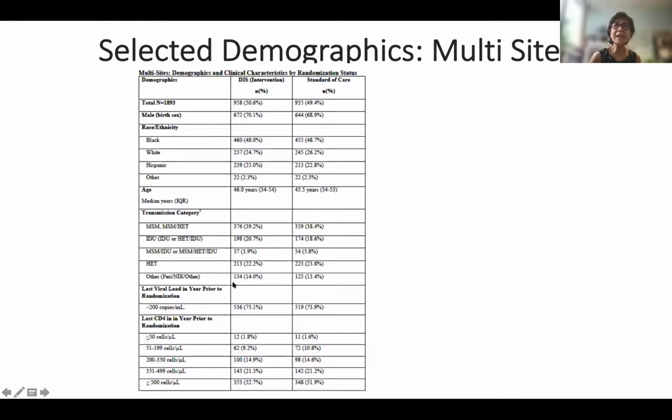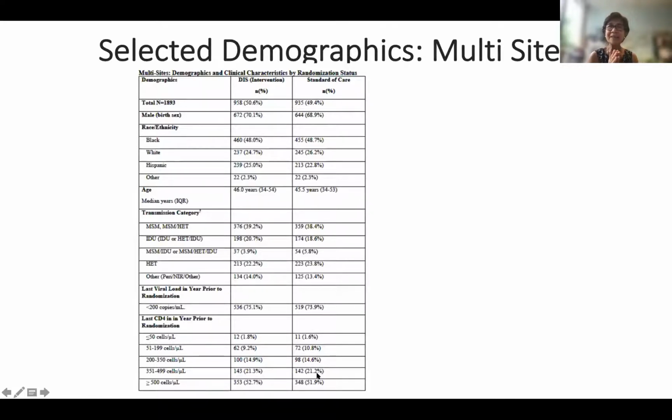I just selected a few of these statistics in terms of characteristics. Among the folks who were randomized, 75% had an undetectable viral load in the year prior to randomization, 50% actually had T cells above 500, and 21% had T cells above 350.